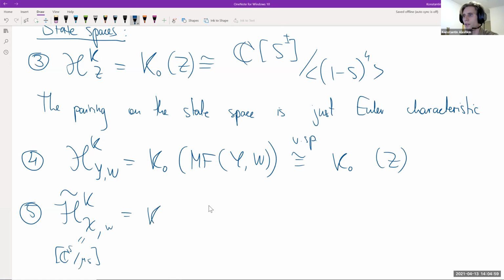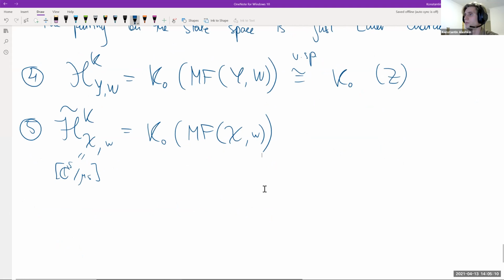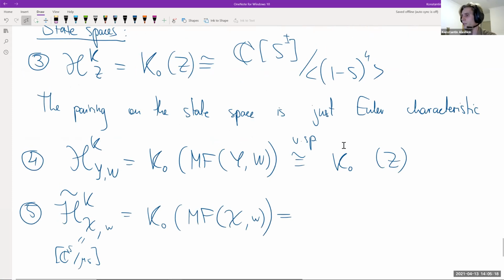This is just the K-theory of matrix factorizations of X with small w.